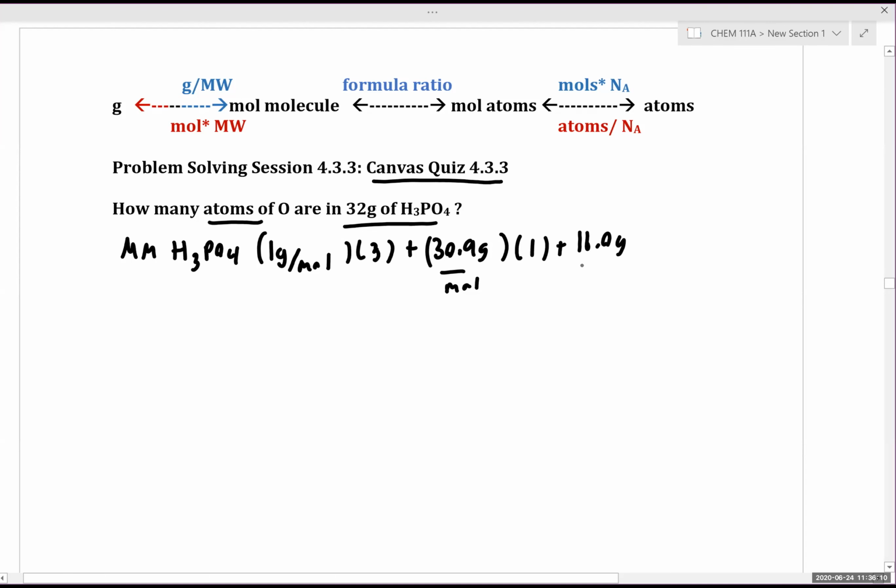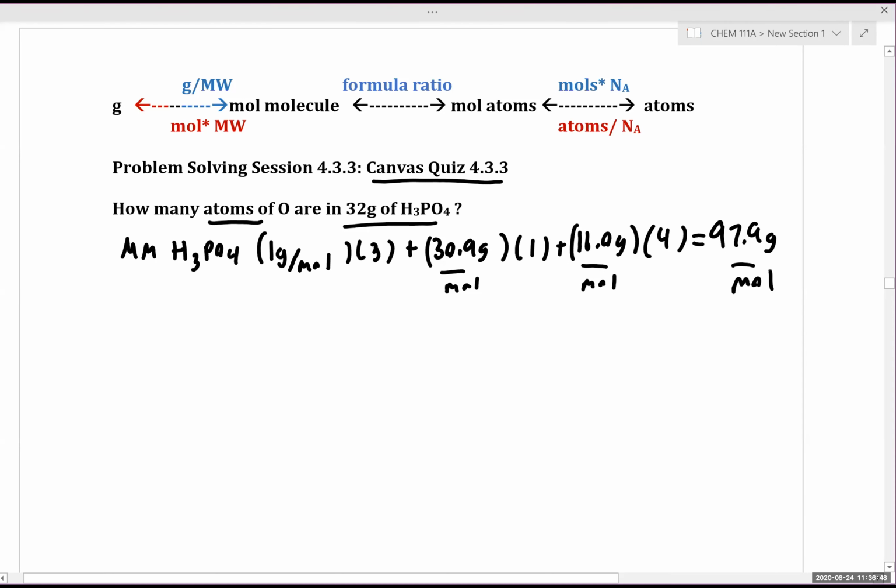And we have 16.0 gram per mole for oxygen, and we have 4 oxygen atoms. Punching that into our calculator, we have 16 times 4 plus 30.9 plus 3. And that gives us a molar mass of 97.9 gram per mole.